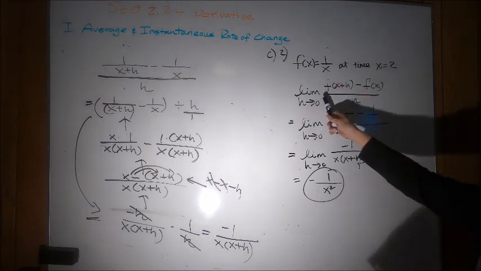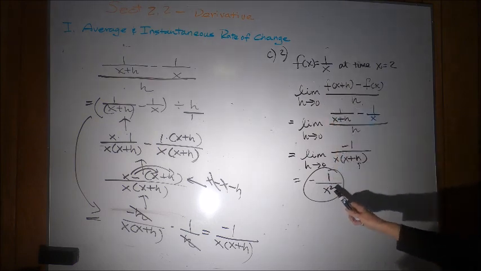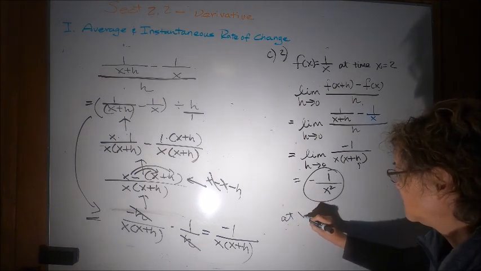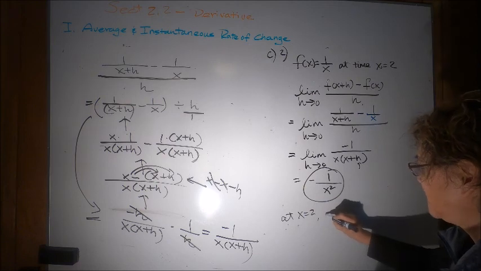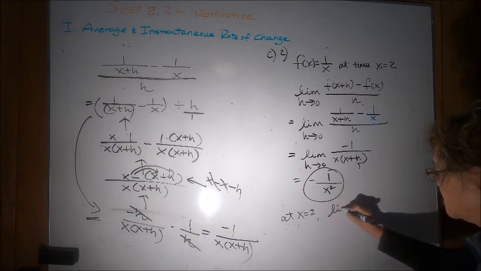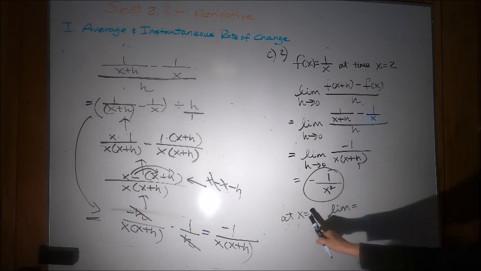So for this tangent line, then we find the limit. Then it's this equation. What does that mean? It says at x equals 2, what's your limit? What's your slope of tangent line? It means the limit at this point, you plug in x equals 2.